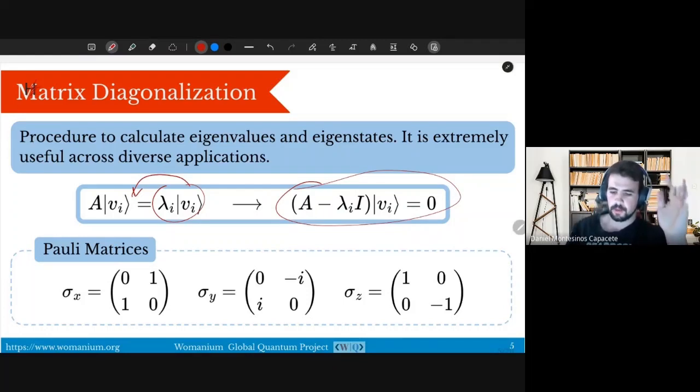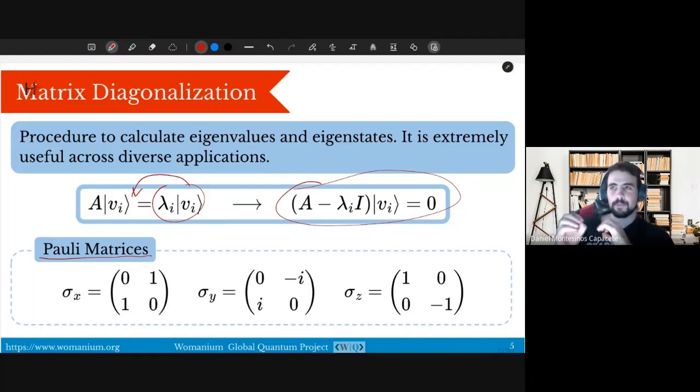So here I write down three really important matrices that are known as the Pauli matrices.